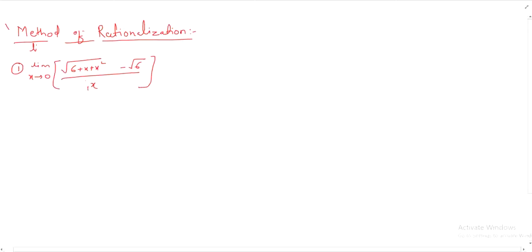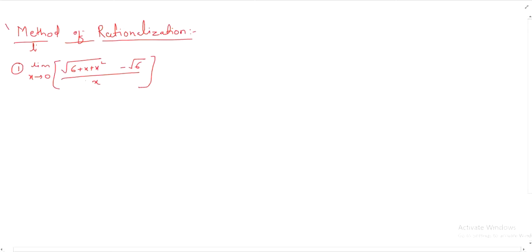If we directly substitute the limit, then the function becomes root 6 minus root 6 upon 0, that is, we get the form 0 by 0. So to evaluate this limit, first we have to remove this x from the denominator, and then we can find the limit of the given function.